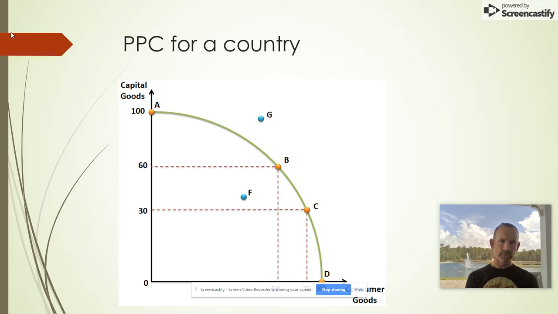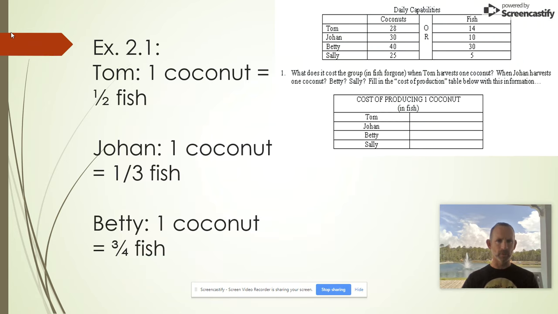So as we shift production from capital goods to consumer goods, at some point you're going to get less efficient because you're taking your experts, the things that are better suited at making capital goods, and asking them to make consumer goods. So anyway, sometimes you will see these PPCs for an entire country. Sometimes it's just for a single business. So the interpretation is basically the same either way.